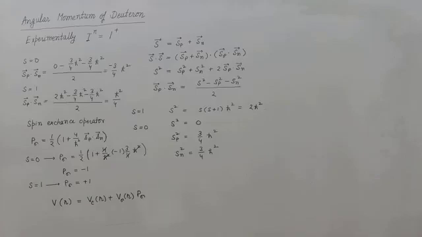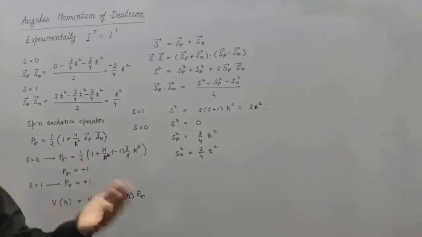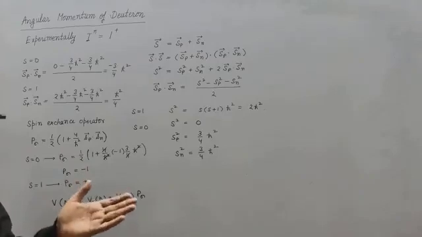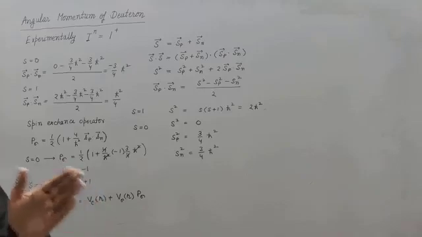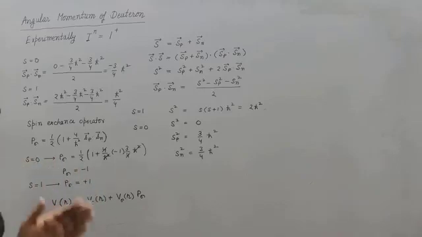This central potential also has a spin dependent part, and due to it, nuclear forces favor one type of spin state and reject the other spin state.